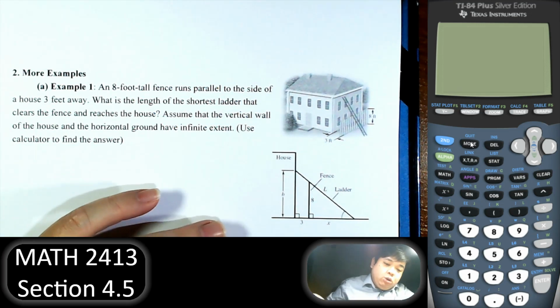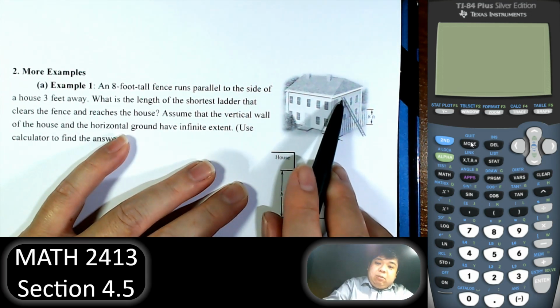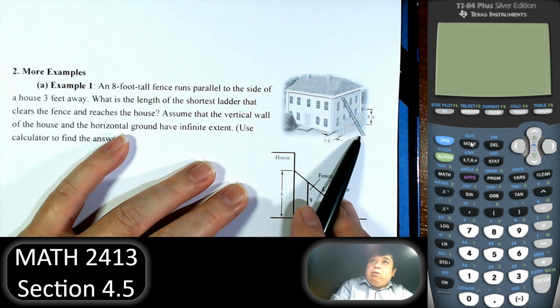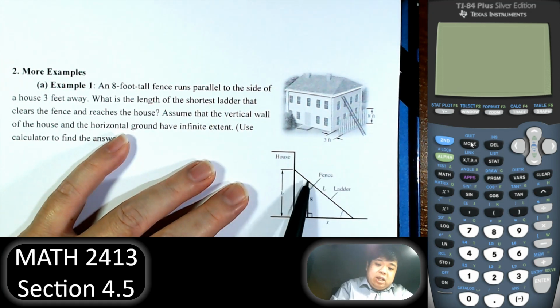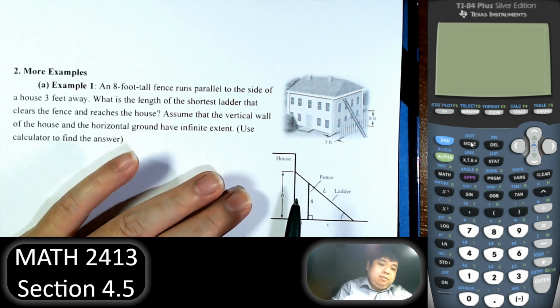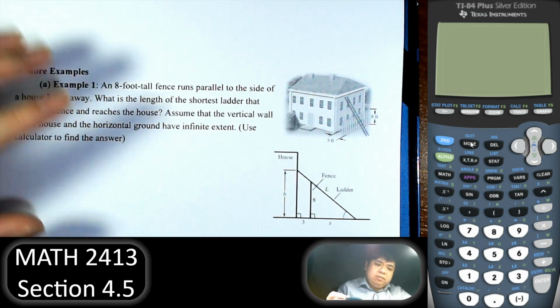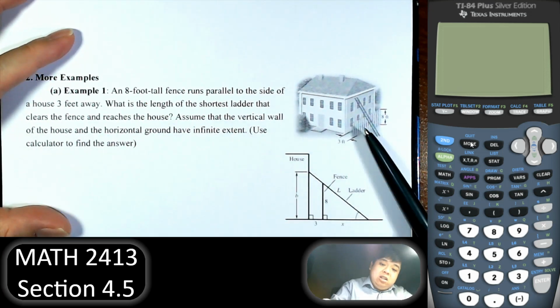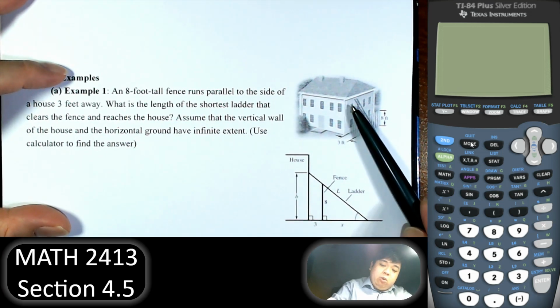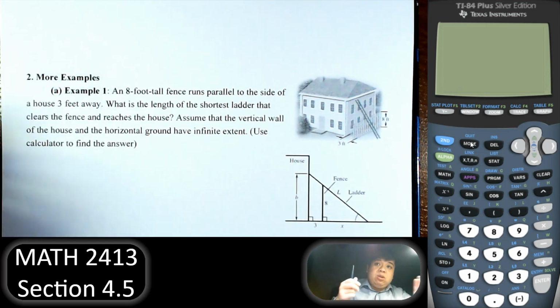Now what we're trying to do is have a ladder start from the outside of the fence and touch the wall, and of course it has to clear the fence. The question is, what is the length of the shortest ladder that clears the fence and reaches the house? By reaches the house, we mean it will touch the wall.